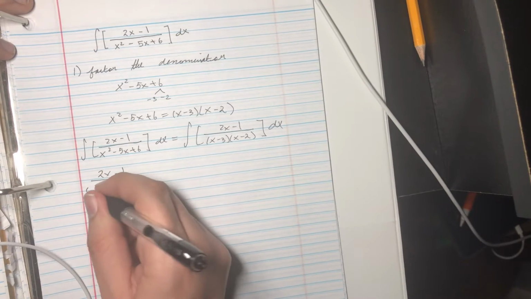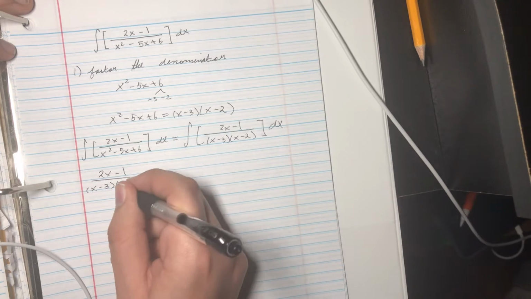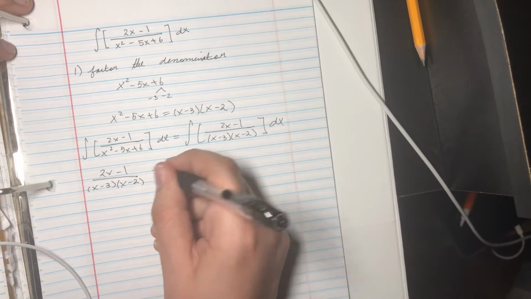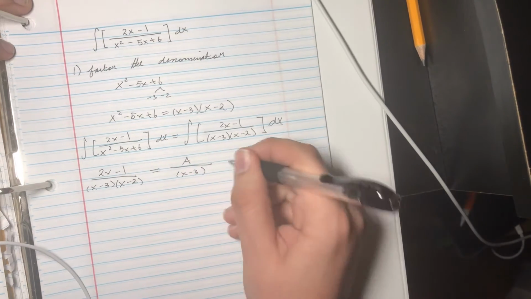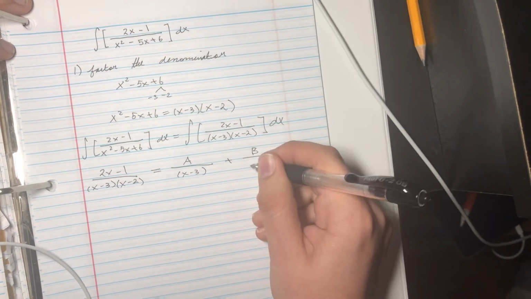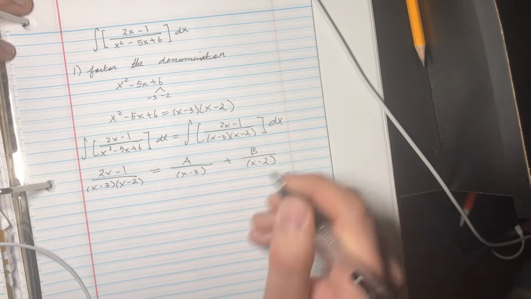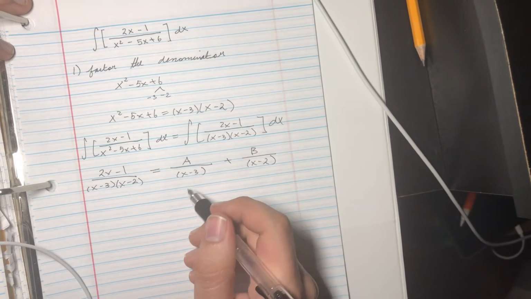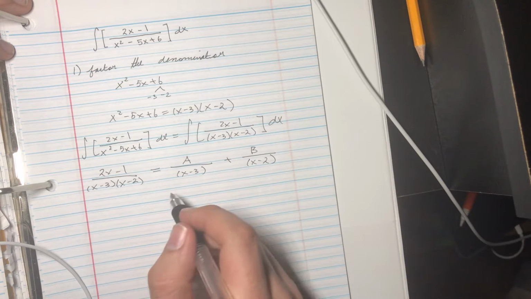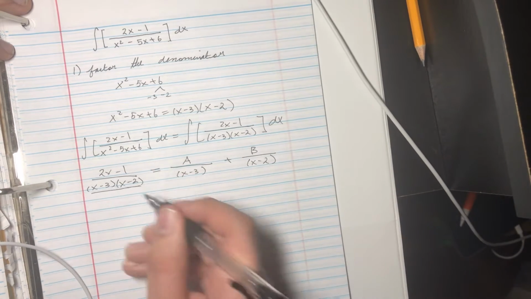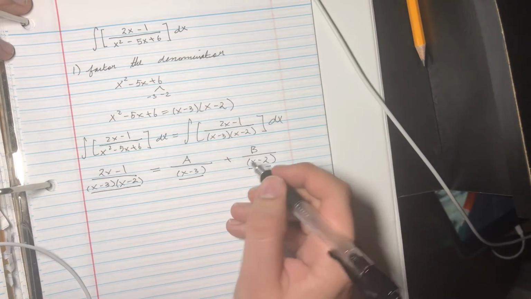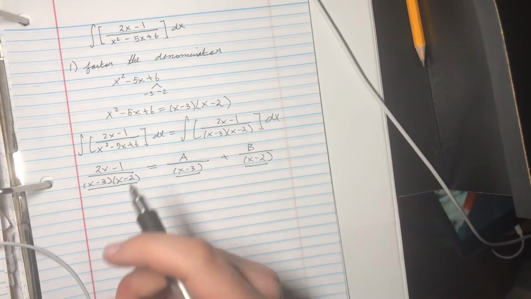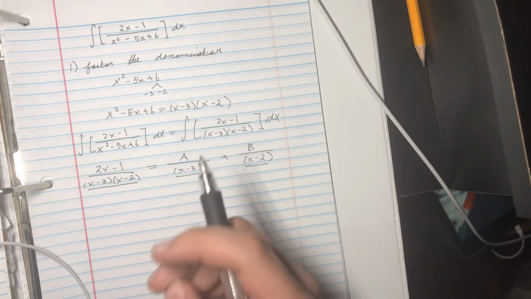We're going to write out this equation: 2x minus 1 over x minus 3 times x minus 2 is equal to A over x minus 3 plus B over x minus 2. Notice, I essentially created two rational functions using the two factors from the denominator, x minus 3 and x minus 2. A and B are just some constants, just some numbers that we have to solve for.